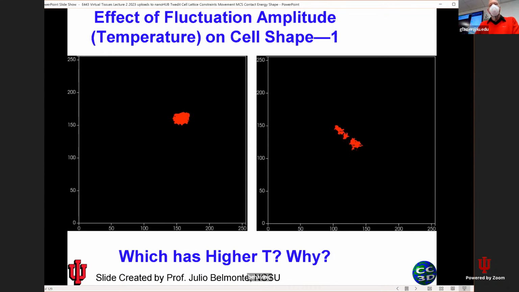Go ahead, yes, question. The question for people who are online is, in the context of Computational, would the simulation break when the cell disperses into multiple clusters, or does it stay one cell in quotation marks?